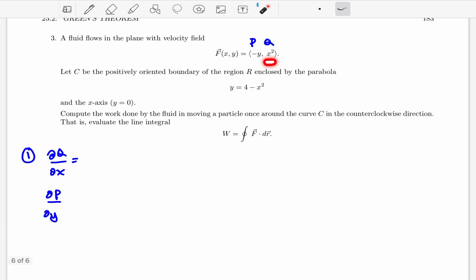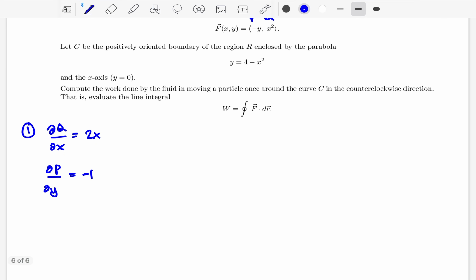Q is equal to x squared. I take the derivative with respect to x, I get 2x. P is equal to negative y. I take the derivative with respect to y, I get negative 1. And then you go, well, 2x is not equal to negative 1. That is good. On top of that, we have everything that we need.